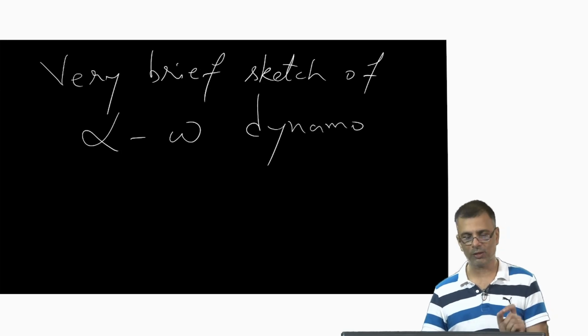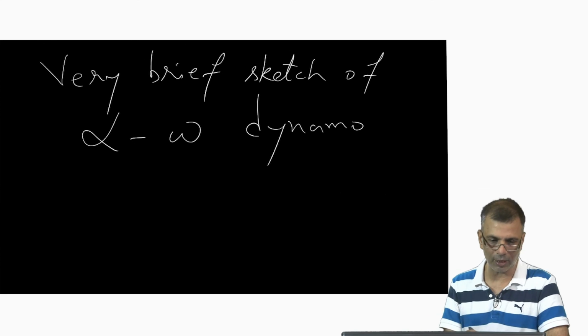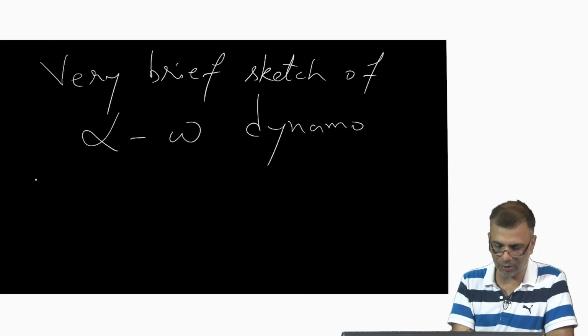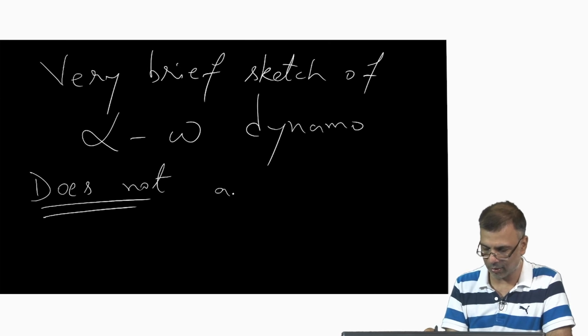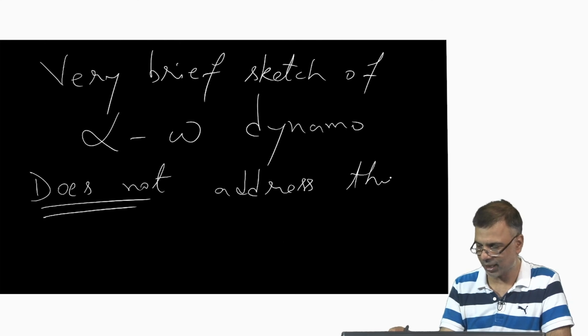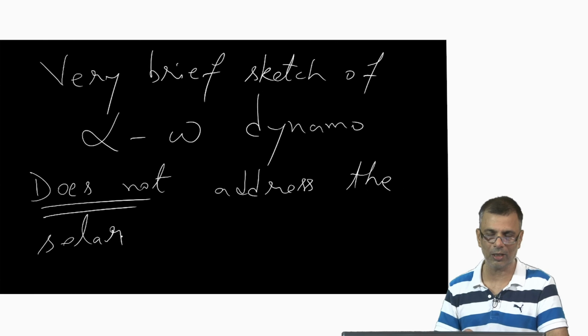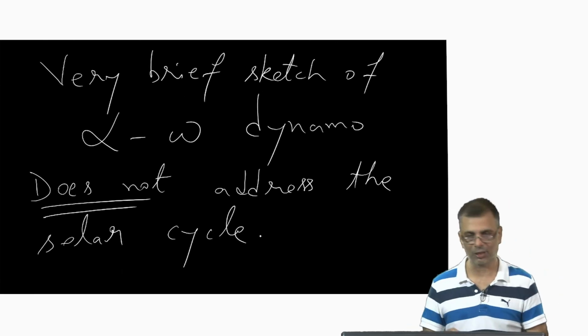And there are several things. It does not address, at least the way we have sketched it, the solar cycle, the 11-year change in the magnetic field. This is just a very basic sketch, that's all.